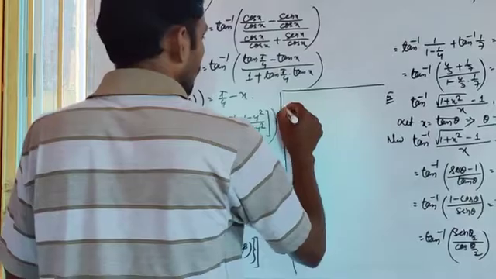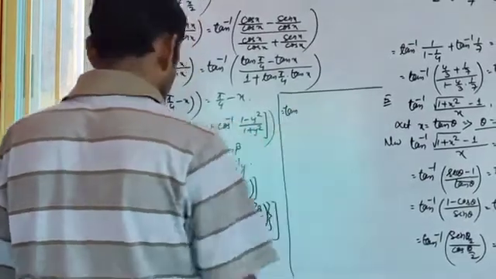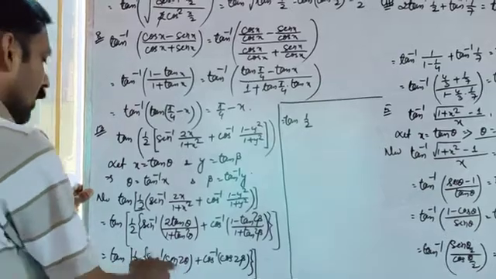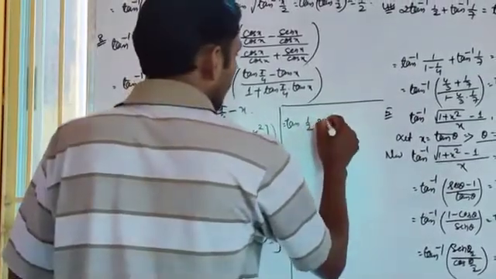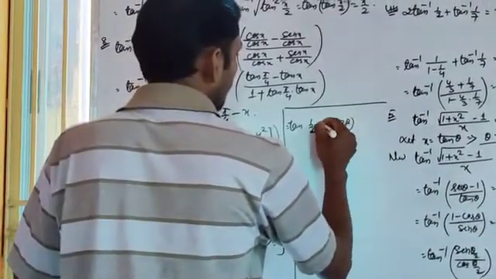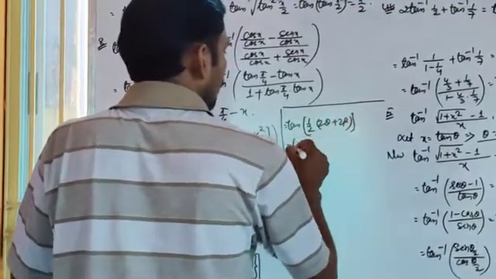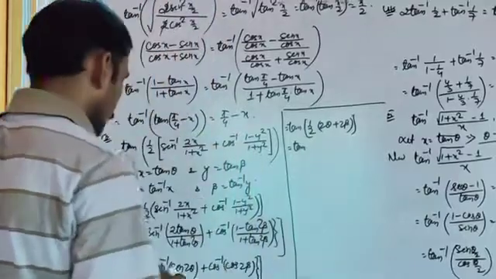So this is equal to tan half of 2 theta plus 2 beta.